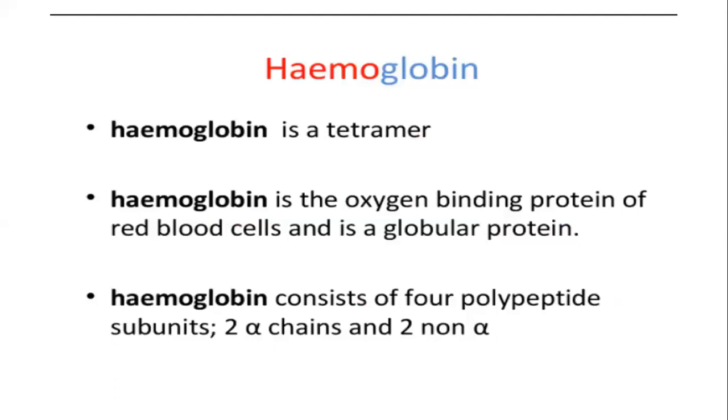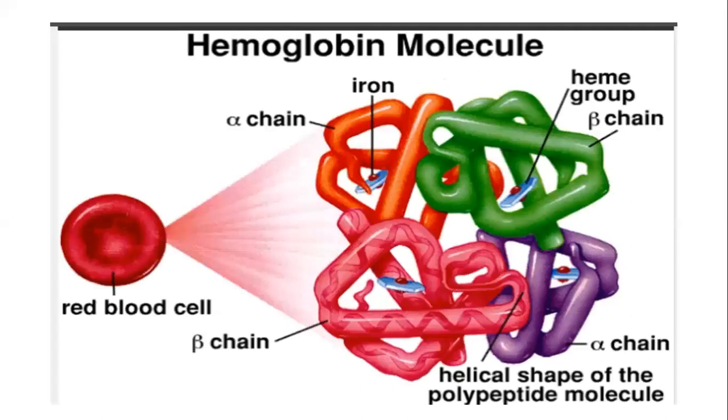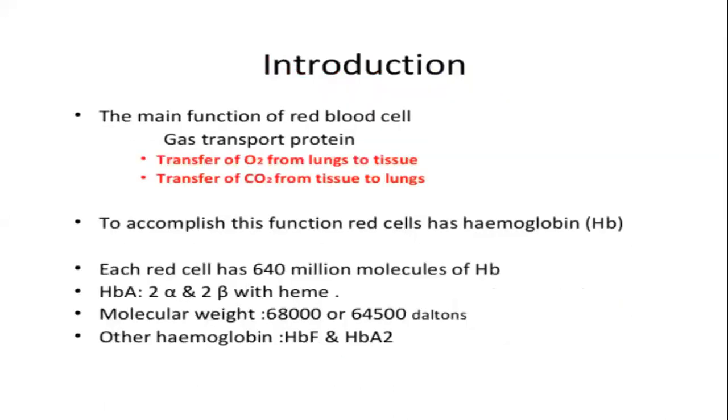And its main function is really to bind oxygen and protect that oxygen and deliver it at its intended site. As I did mention, they are basically those polypeptide chains, with alpha or non-alpha globin chains. And I think that was well demonstrated from that structure that I did show.